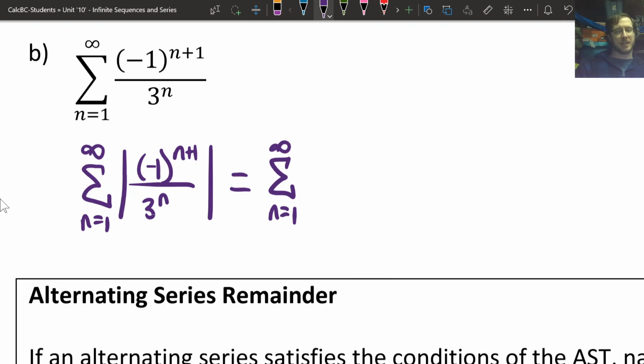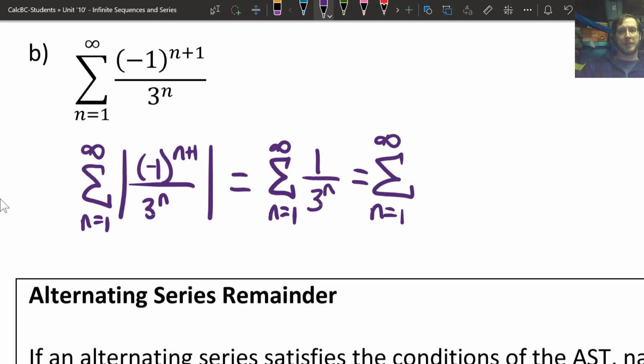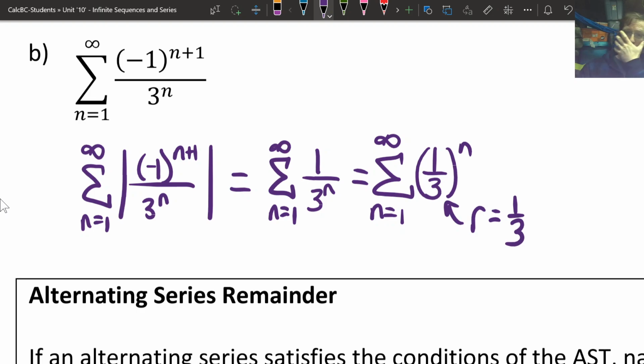Okay, so that takes the alternator out. So we're left with 1 over 3 to the n. That looks like a geometric series. If we rewrite it in that form, that's the same thing as 1 over 3 all raised to the n power. So that means our r value is 1/3.